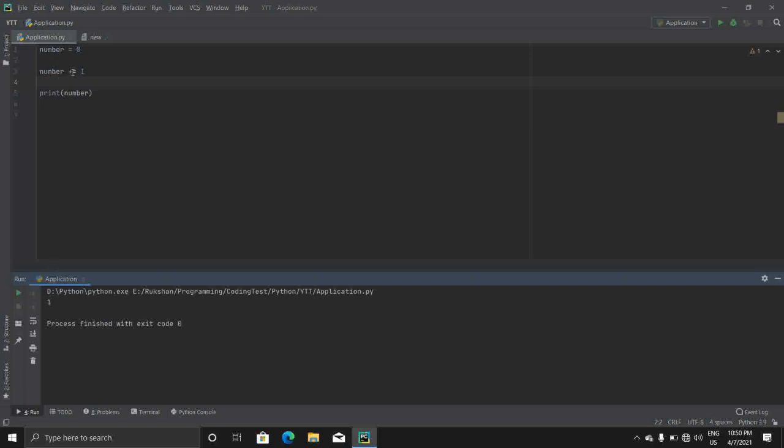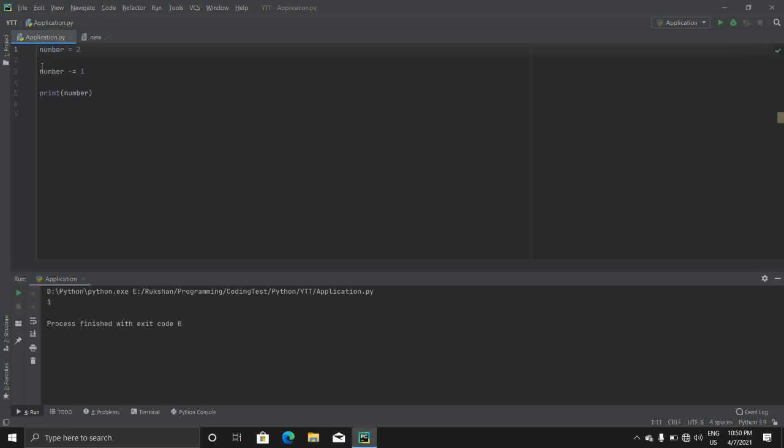Now you can use this in-place operator to decrease numbers and multiply numbers. To do that, instead of this plus operator, the addition operator, we need to put the subtraction operator to subtract numbers. Now I change this number value to 3.